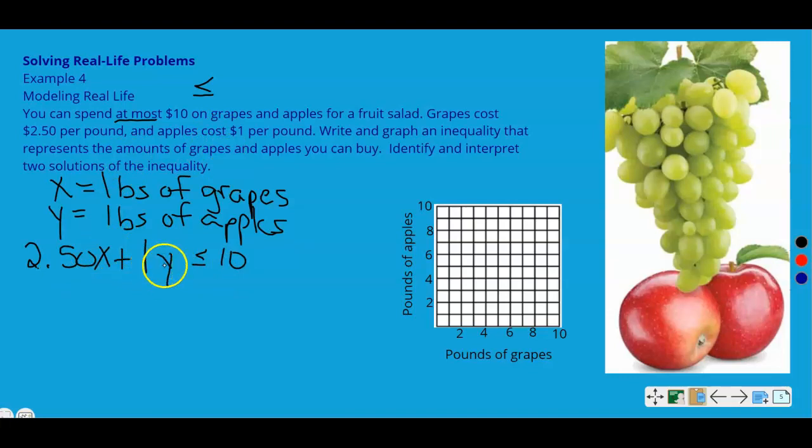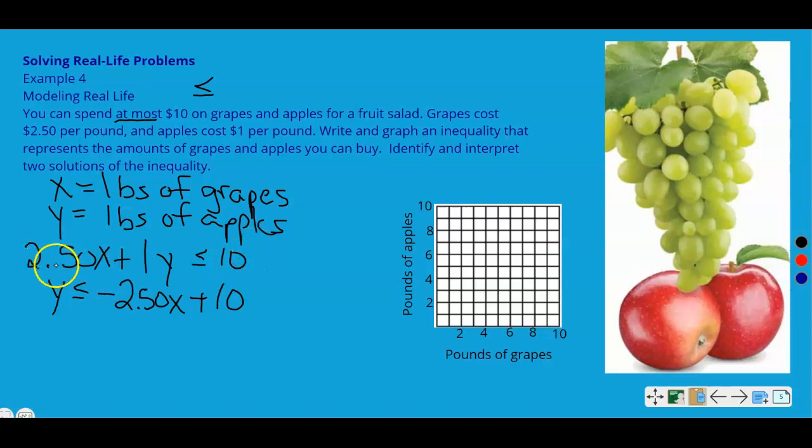Since this has one Y, that's the same as just Y. So I'm going to quickly put this in slope-intercept form by subtracting 2.50X from both sides. So we're going to have Y, or 1Y, less than or equal to negative 2.50X. And then the $10 is still there, so we're not going to move that.